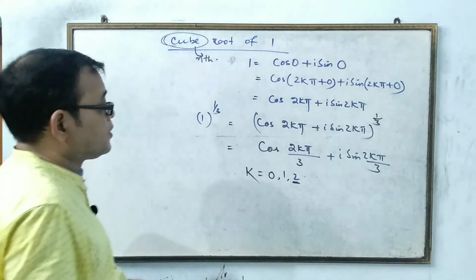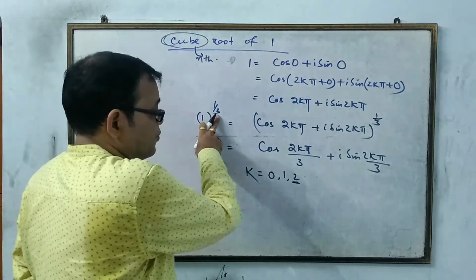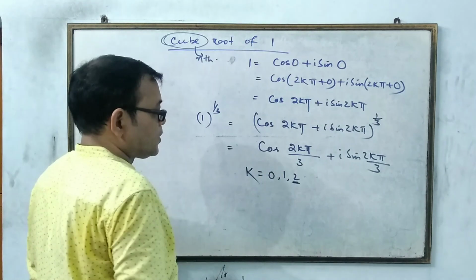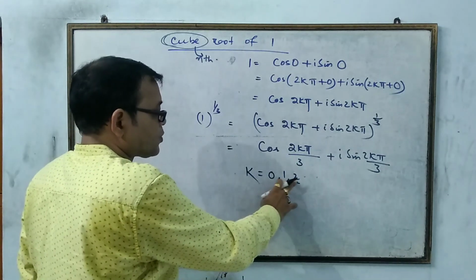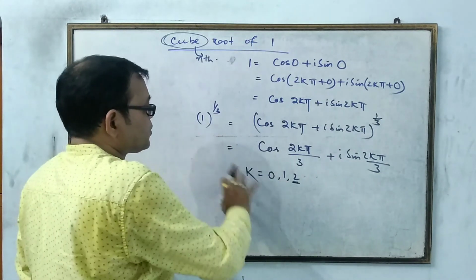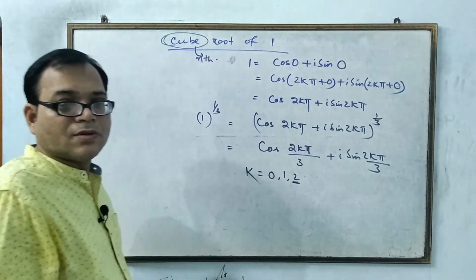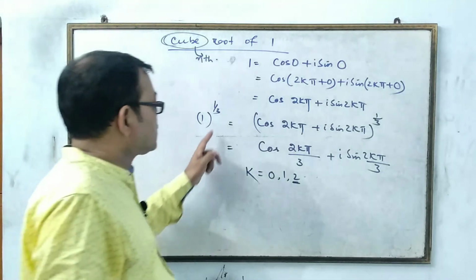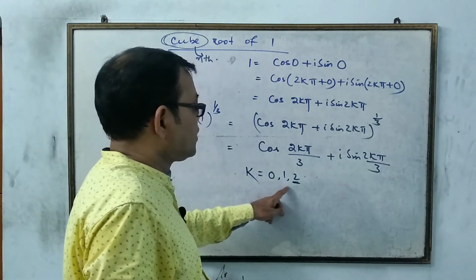Since it is the cube root of a complex number, we have to take 3 values. If it is the 4th root, then you have to take 4 values. If it is the 5th root, then you have to take 5 values starting from 0. Cube root, that's why 0, 1, 2.